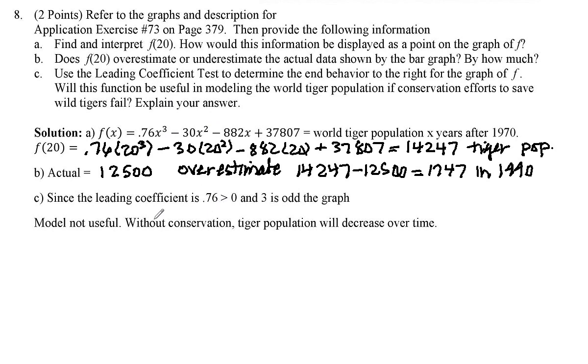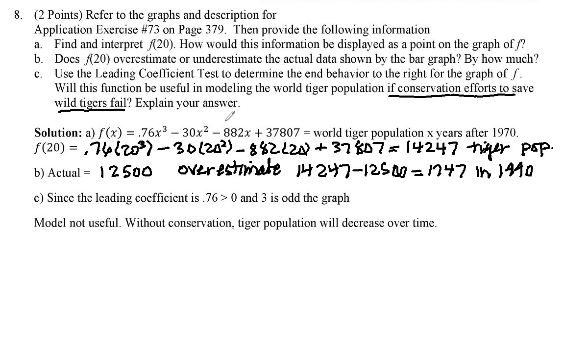So that means that this model is not going to be useful, because if conservation efforts to save the tigers fail, okay, so that means that their population doesn't increase. Okay, because that graph, if you look at it, it decreases.